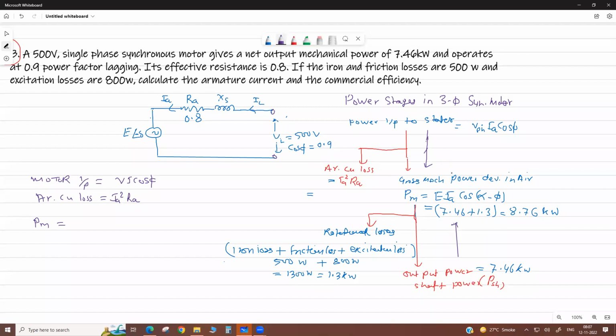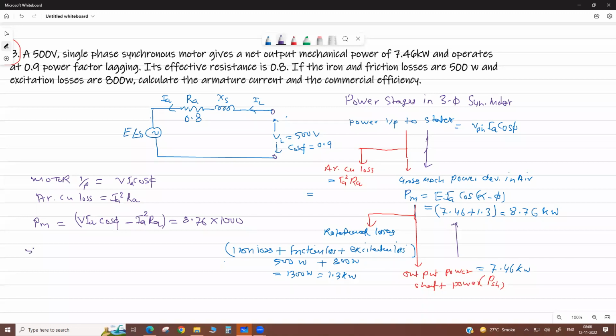So motor input, V armature current into cos phi, minus armature copper loss, gives 8.76 kilowatt, into 1000 to get watts. So just put the values.